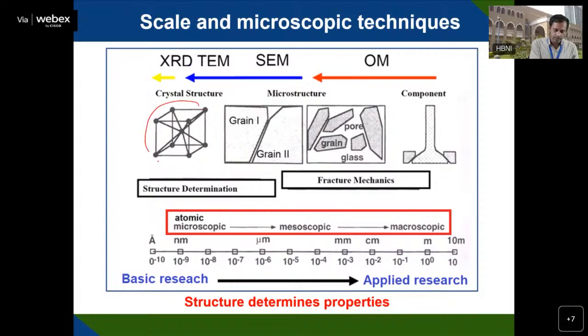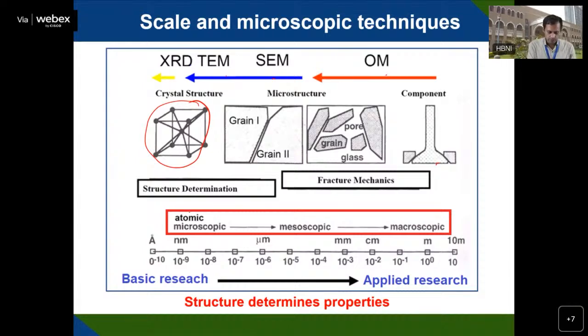But in microstructure, with optical microscope, SEM or TEM, you get information about the different grains, their shape, pores, as well as different components. You also get fracture mechanics and topographic images.